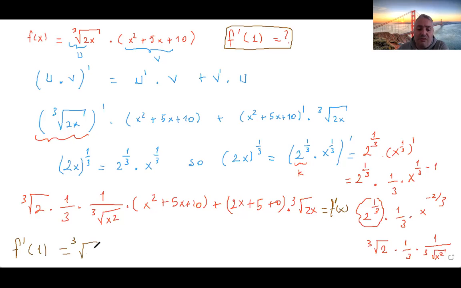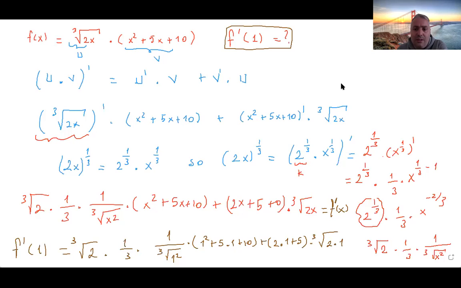So the cube root of 2 times 1 over 3 times 1 over the cube root of 1 squared, times 1 squared plus 5 times 1 plus 10, plus 2 times 1 plus 5, times the cube root of 2 times 1. If I rearrange this, let me clean the right side, let me clean this part.